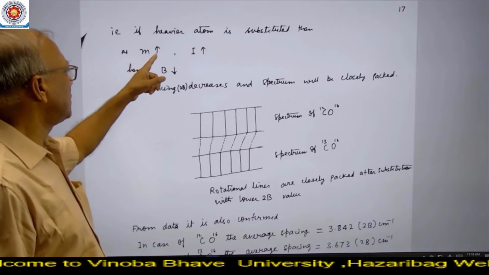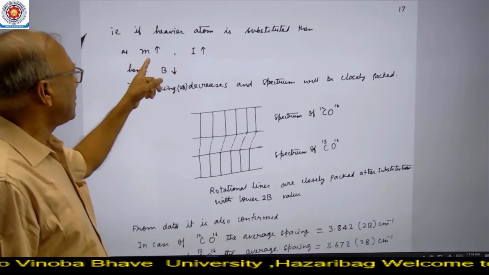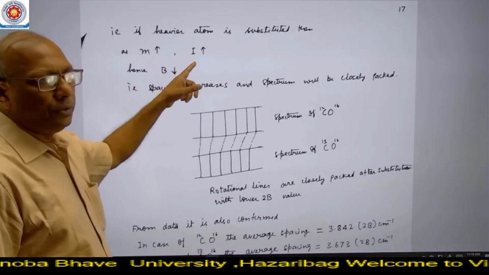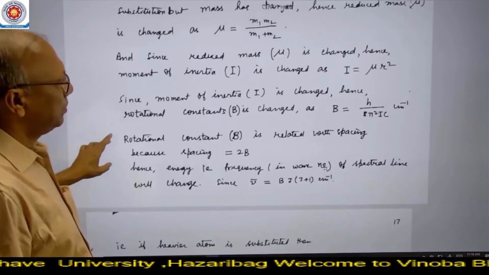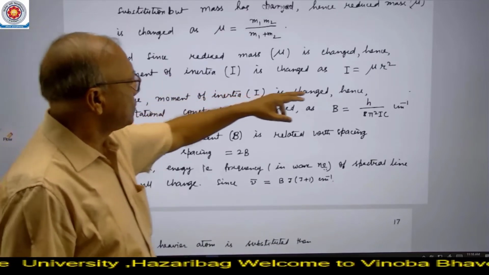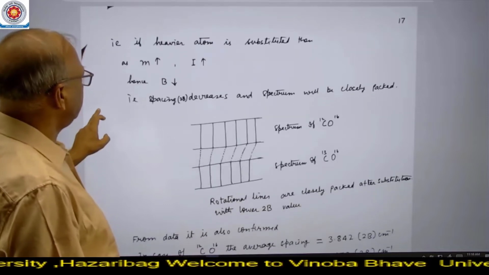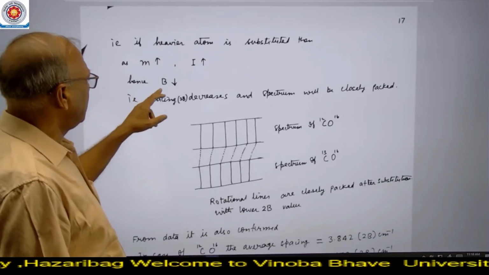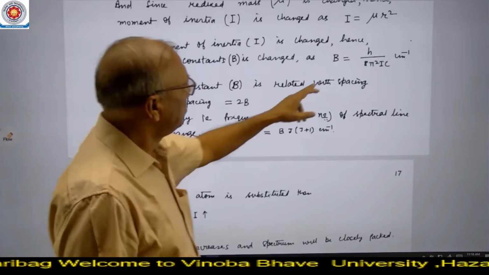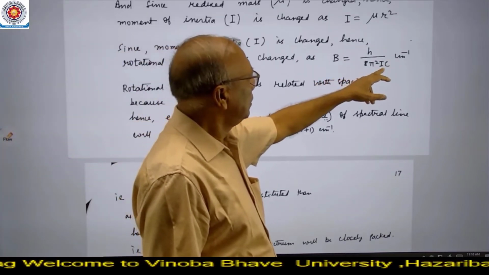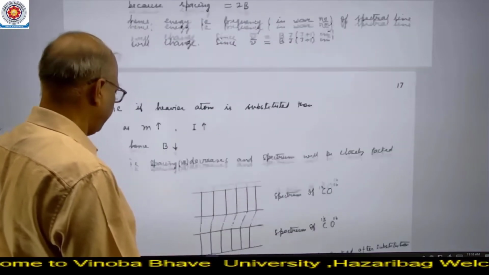When mass is increased, I will also increase, because I equals mu r square, and mu is the reduced mass. Therefore B decreases, because B is inversely related with I.